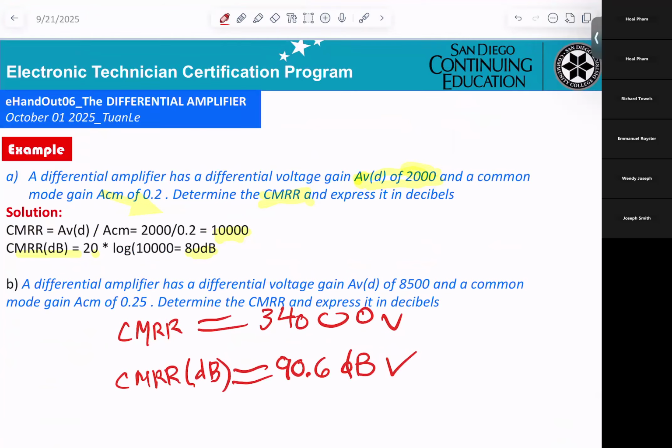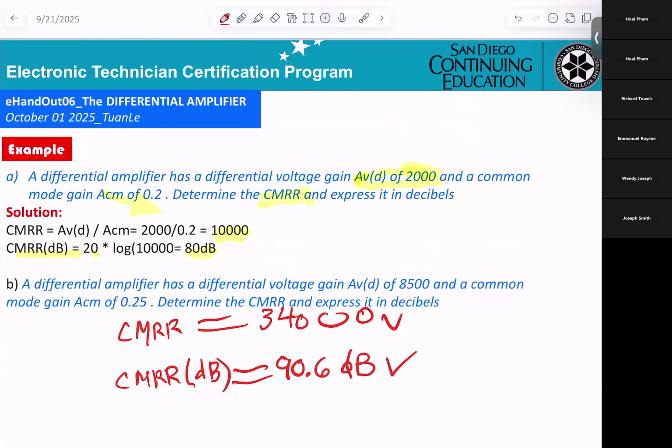At the same time, a 1 volt 60 hertz common mode interference signal appears. That means at the same time you get the sideways signal here and here, going to both input 1 and 2, 1 volt 60 hertz.